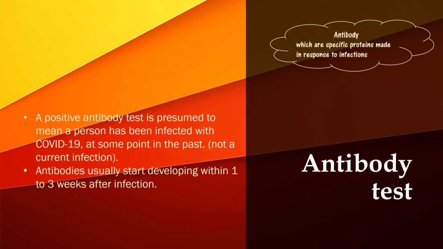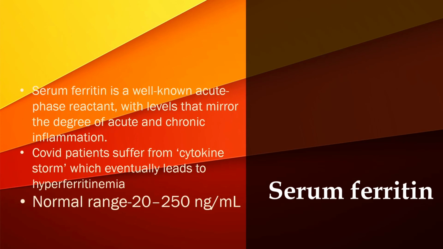So the next test is serum ferritin. Serum ferritin is a well-known acute phase reactant that mirrors the degree of acute and chronic inflammation. COVID patients suffer from cytokine storm, which eventually leads to hyperferritinemia. So the normal range for serum ferritin is 20 to 250 ng per ml.